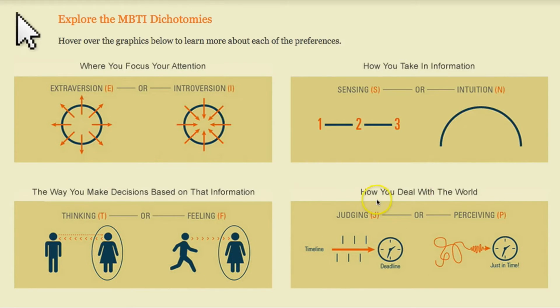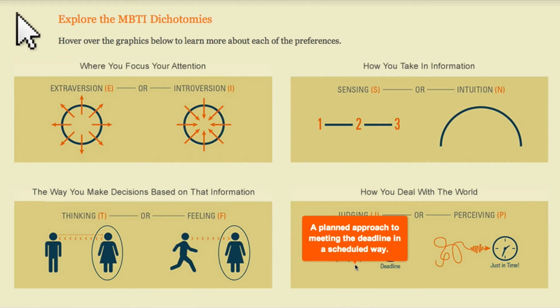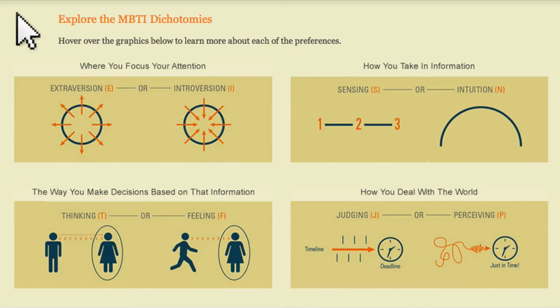And then the final dichotomy, how you deal with the outer world. If you have a judging preference, you favor planful approaches, are deadline oriented and very scheduled, and are happiest after decisions are made. They often feel relieved after a decision has been made. They often set goals and work toward achieving them on time. And then perceiving, I love this little graphic and how you arrive here.